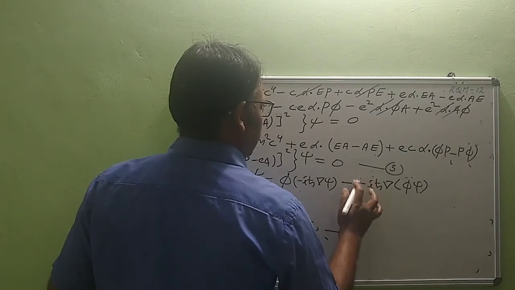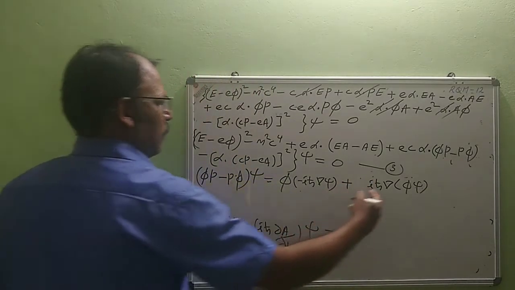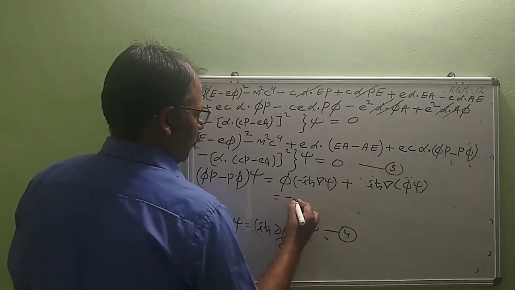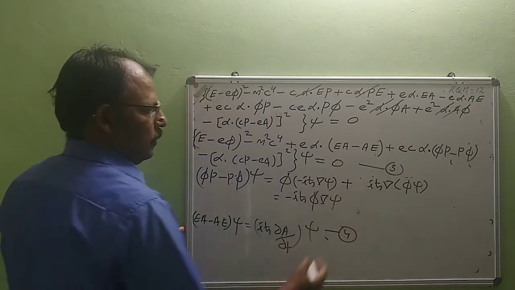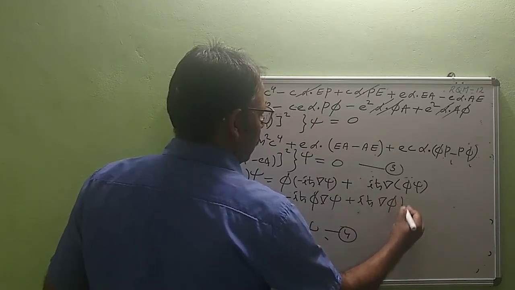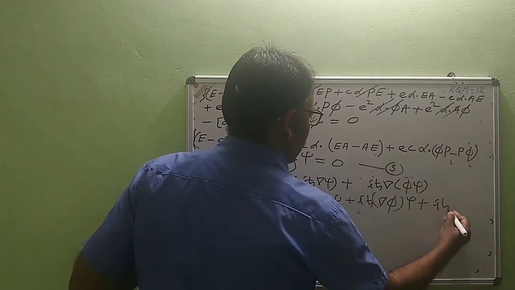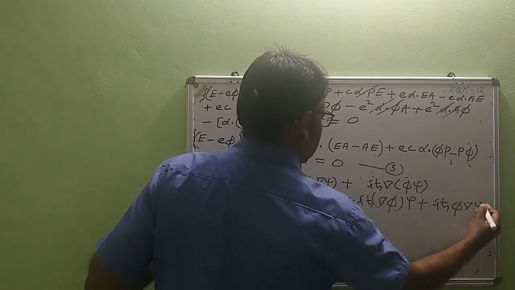Minus minus becomes plus, so plus IH bar del of the product of phi and psi. So this will be minus IH bar phi del psi, then plus IH bar del phi into psi plus IH bar phi del psi.